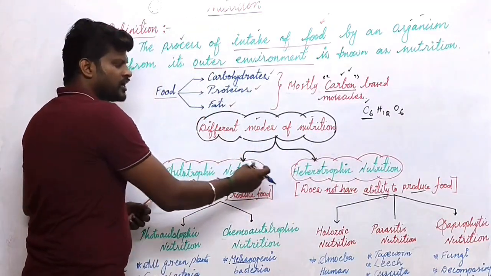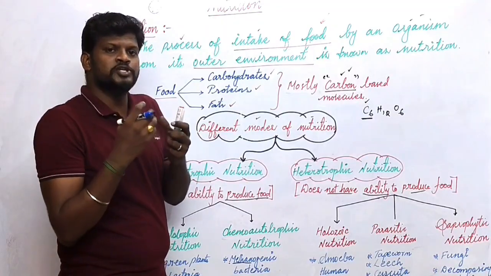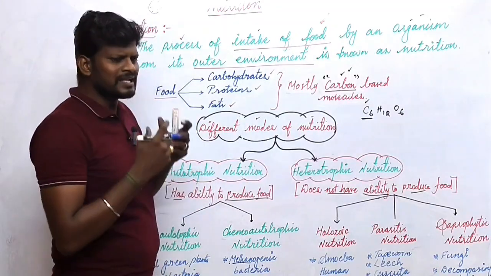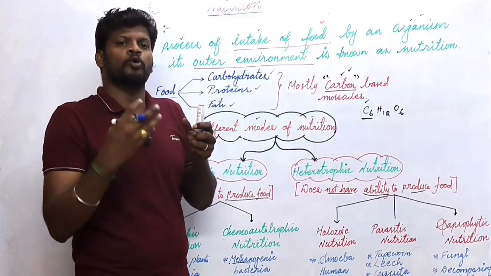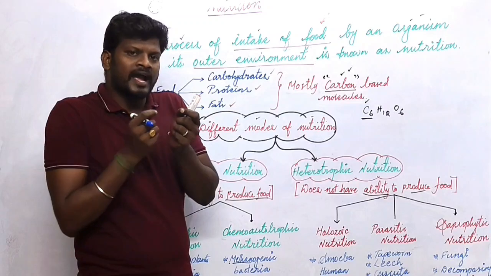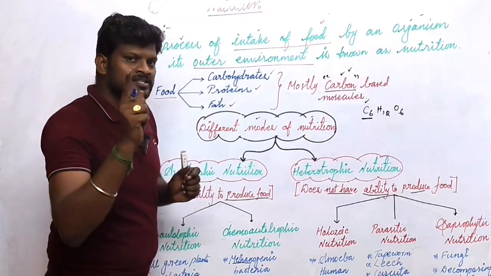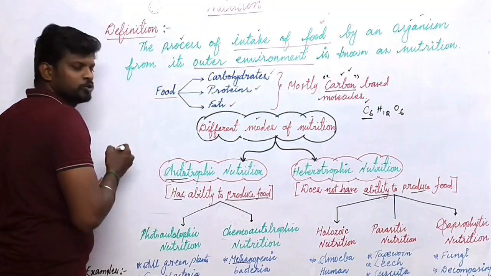This classification is based on the capacity or ability to produce food. Certain organisms have the ability to synthesize their own food by using energy and some inorganic substances. Such kind of nutrition is nothing but autotrophic nutrition.